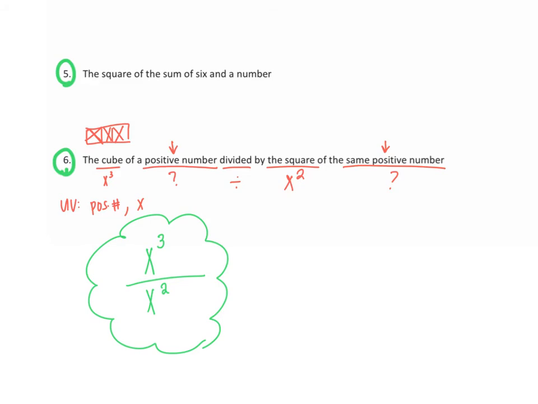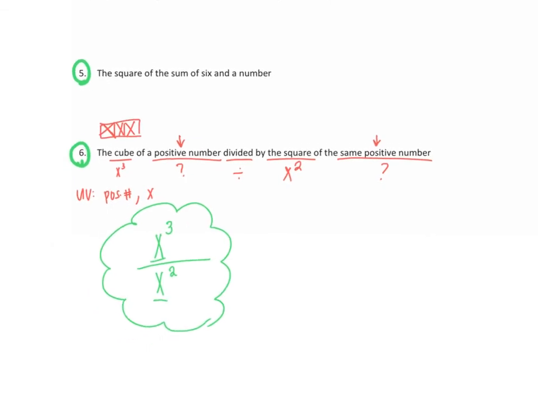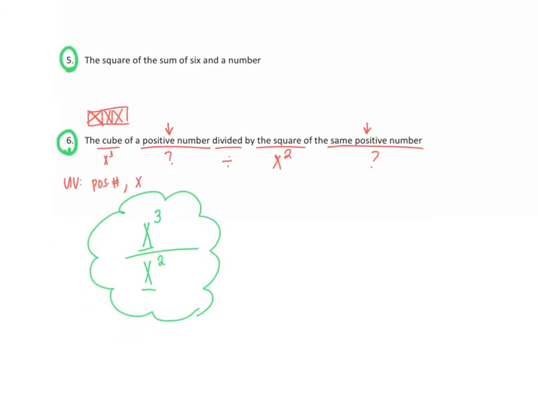Now when I look at this, I see that these are not raised to the 0th or the first power. So my automatic instinct is to say these are nonlinear. However, when we divide exponents, if we have the same base, which we do, it's an x both times, then to simplify this, we just do 3 take away 2.